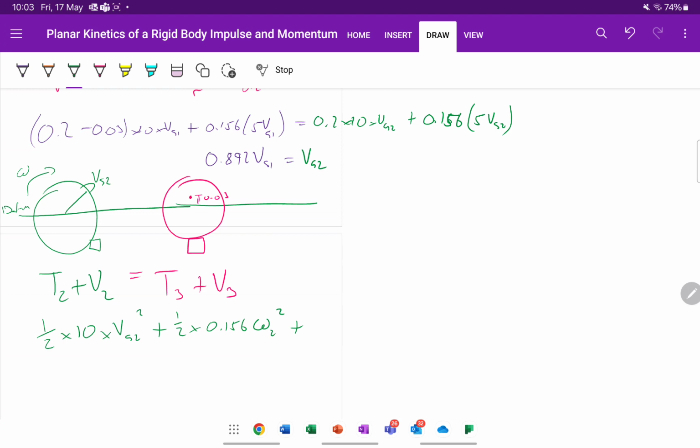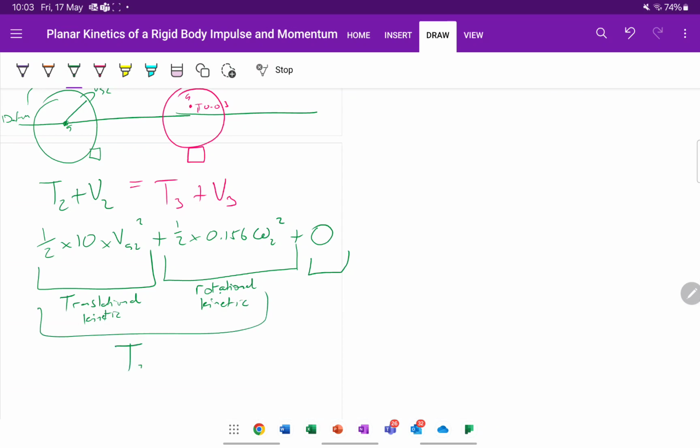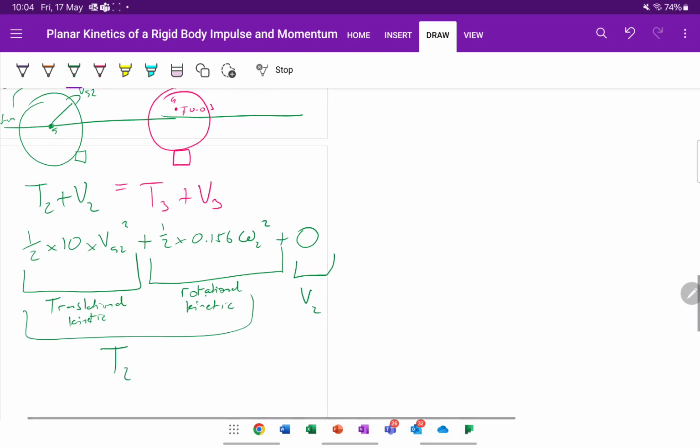In terms of potential energy, I've drawn the datum straight through G. In the green picture it's going straight through G, so there is no potential energy. Both of those kinetic energies make up T2. That's just V2, potential energy.